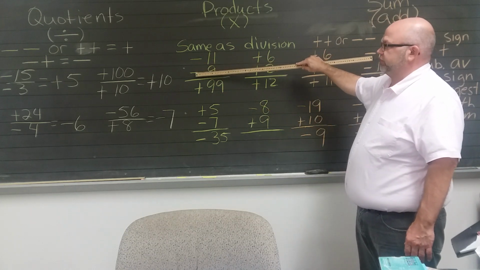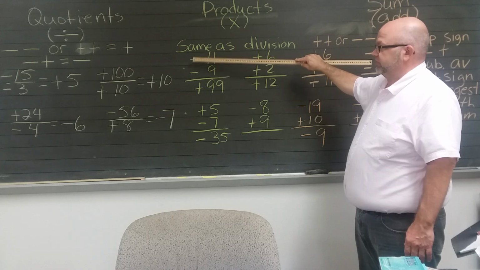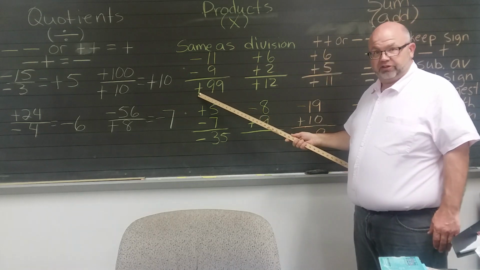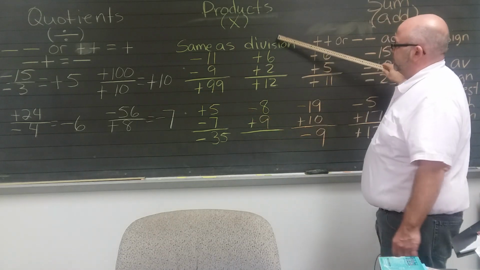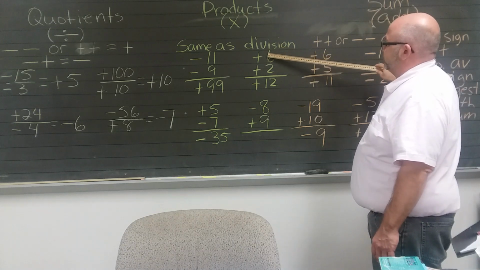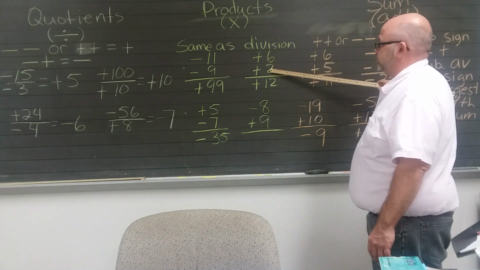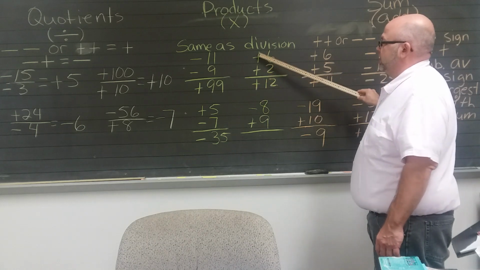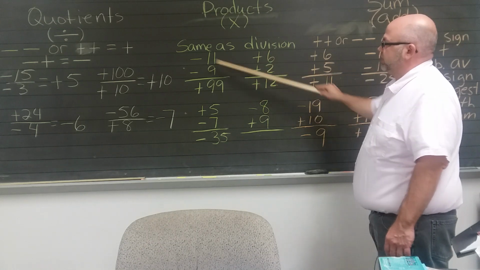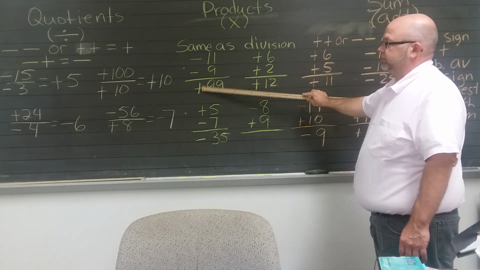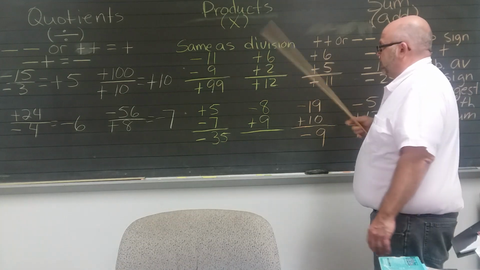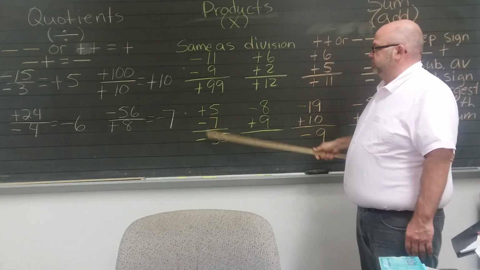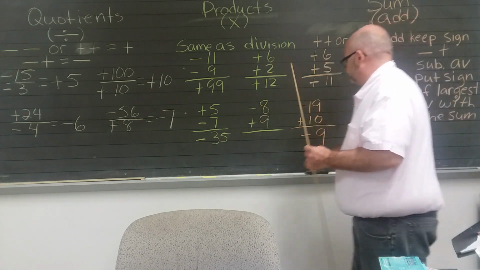Because your signs are the same, it doesn't matter that it's negative, your answer is positive. All right? Same thing here. Positive 6 times positive 2 is positive 12. Same signs, positive. Same signs, positive. Okay? Different signs, negative.